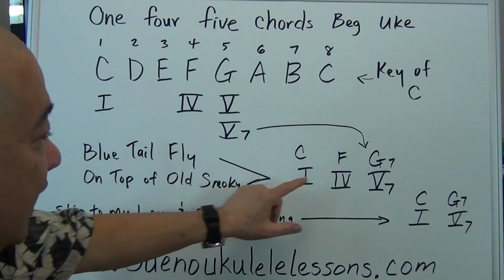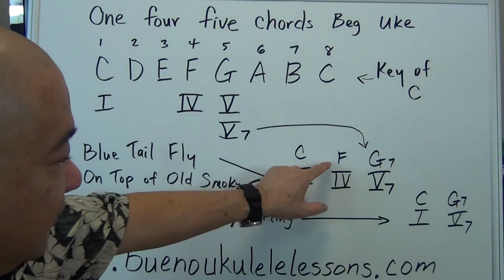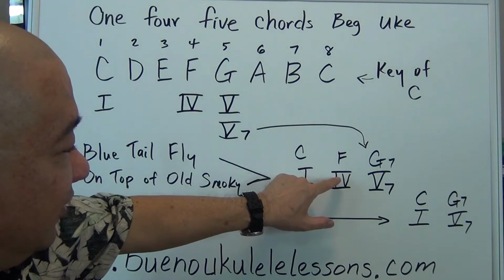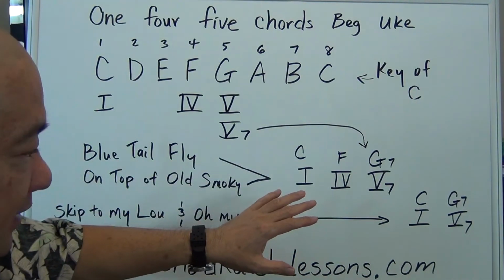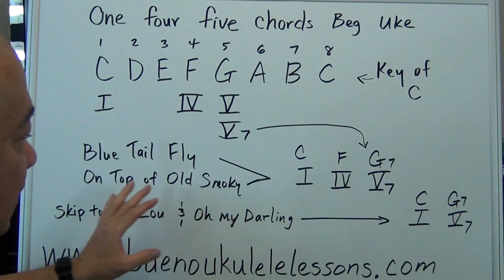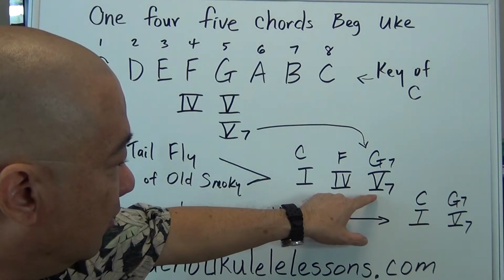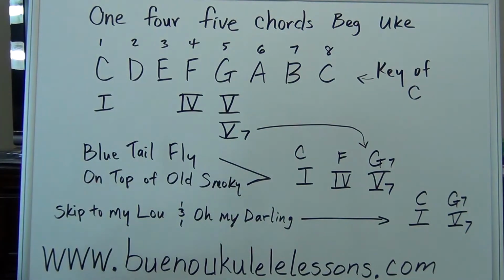Every time you see an F in these songs, you're going to put the Roman numeral 4 underneath or on top of the F, and same thing with G7. Every time you see G7 in these two songs, you're going to put a 5, 7 either on the bottom or the top, and that's just signifying that you have been introduced to the 1, 4, 5, 7 chords.